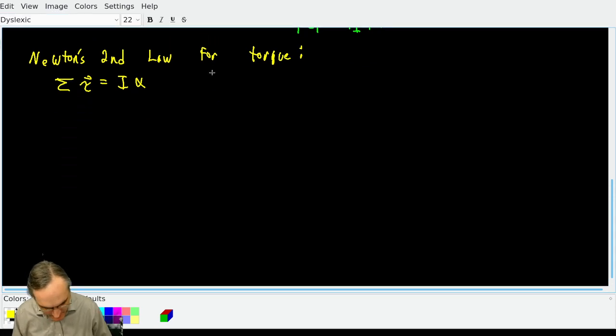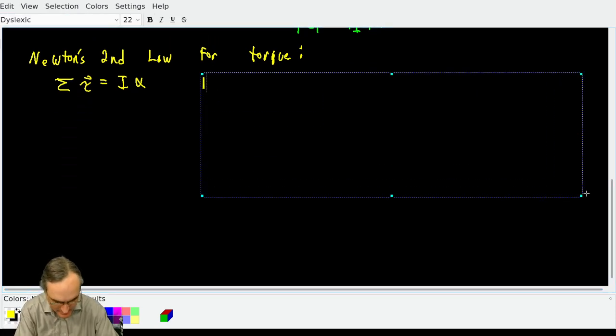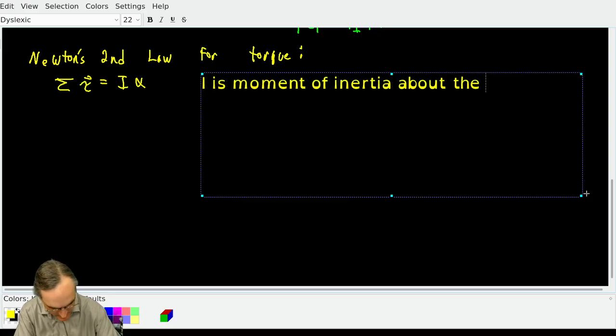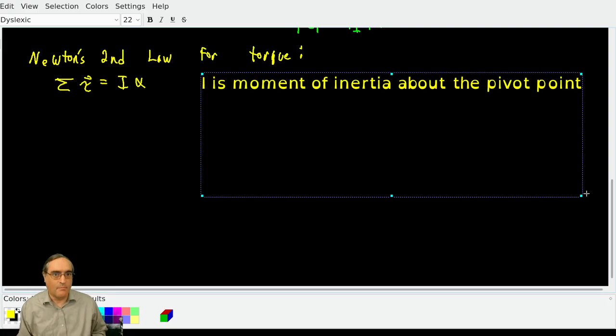So let me get some definitions out there. I is the moment of inertia about the pivot point. That matters. It matters that it's about the pivot point and not necessarily about the center of mass.